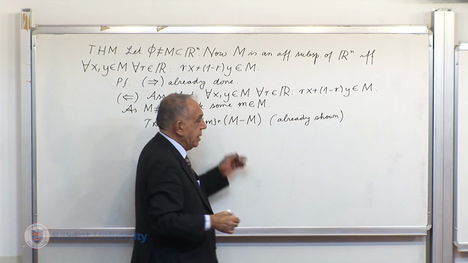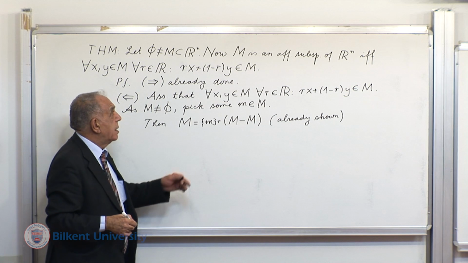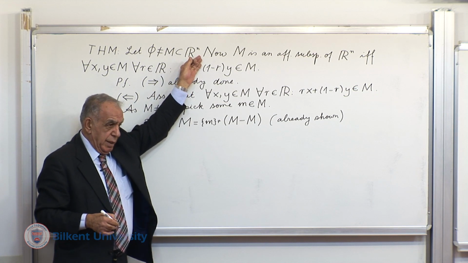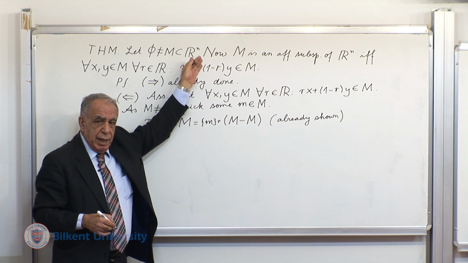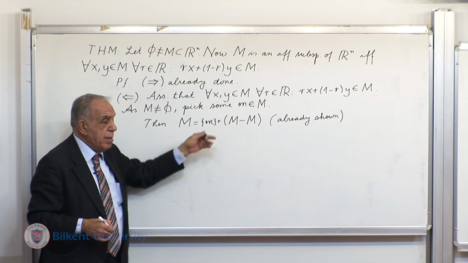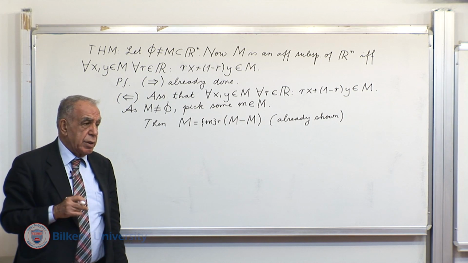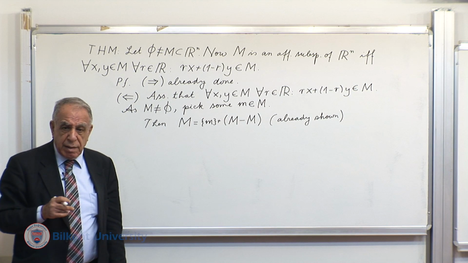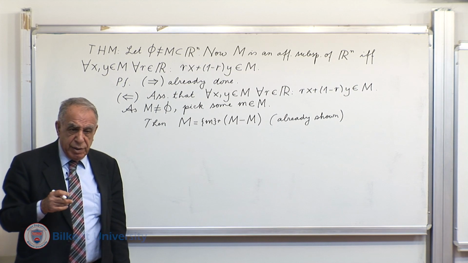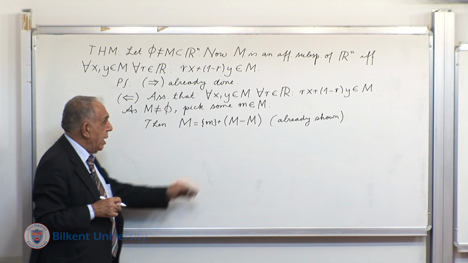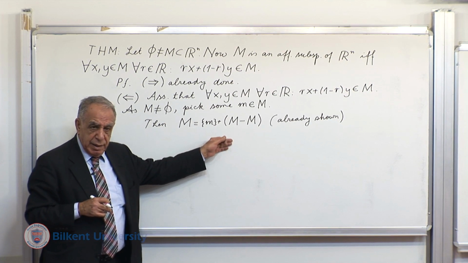M minus M is a subset of Rn, which is a real vector space. If we show that M minus M is non-empty, and that it's closed both under scalar multiplication and vector addition, this will imply that M minus M is a subspace.